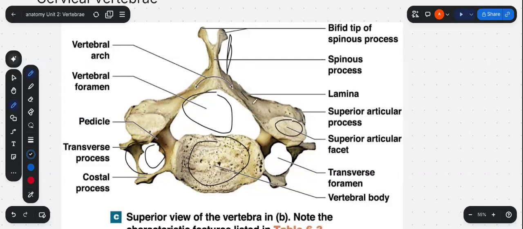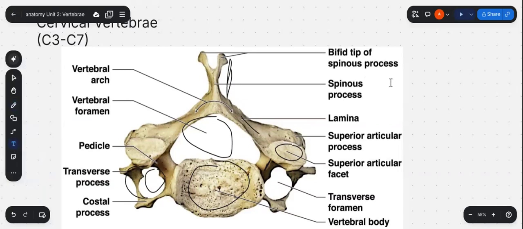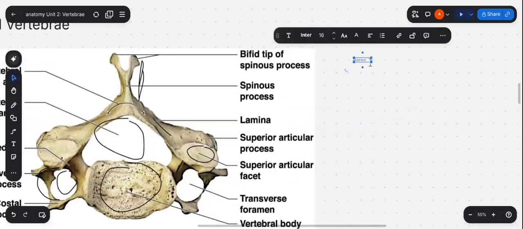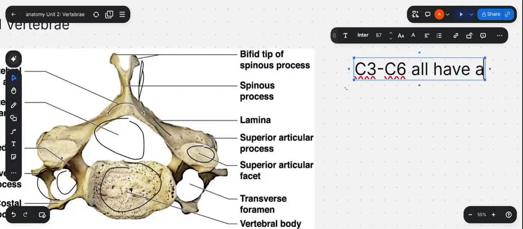facets, lamina, and pedicles. And then the main two differences is that for C3 to C6, so I will write it over here on the side, but for C3 to C6, they're all going to have a bifurcated spinous process.